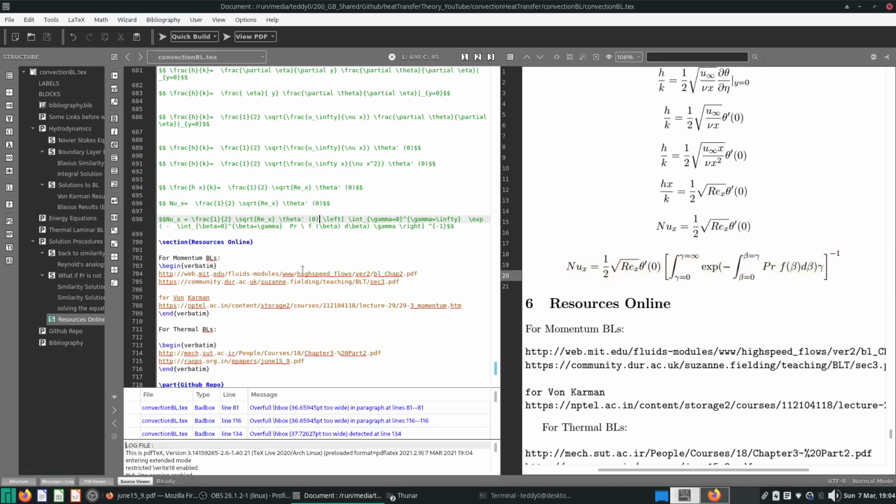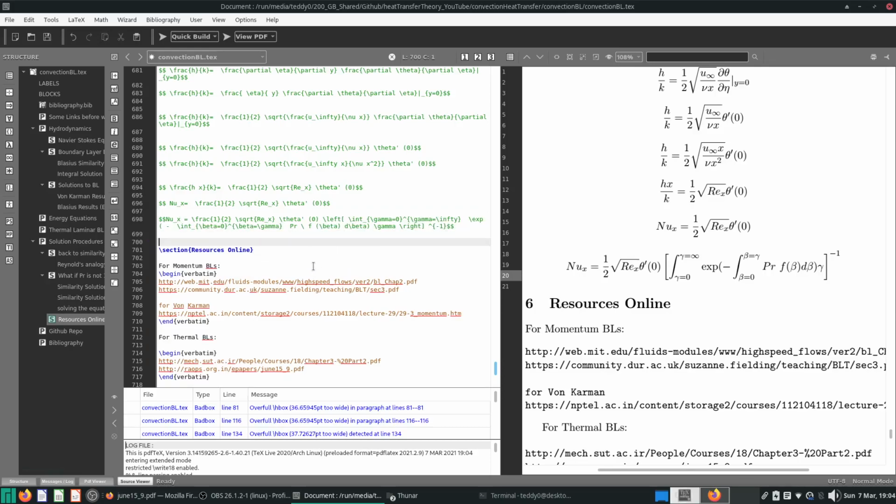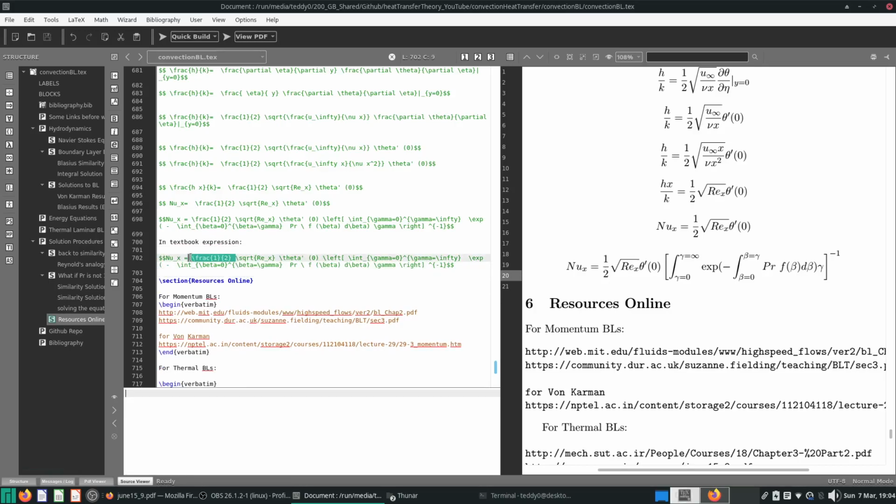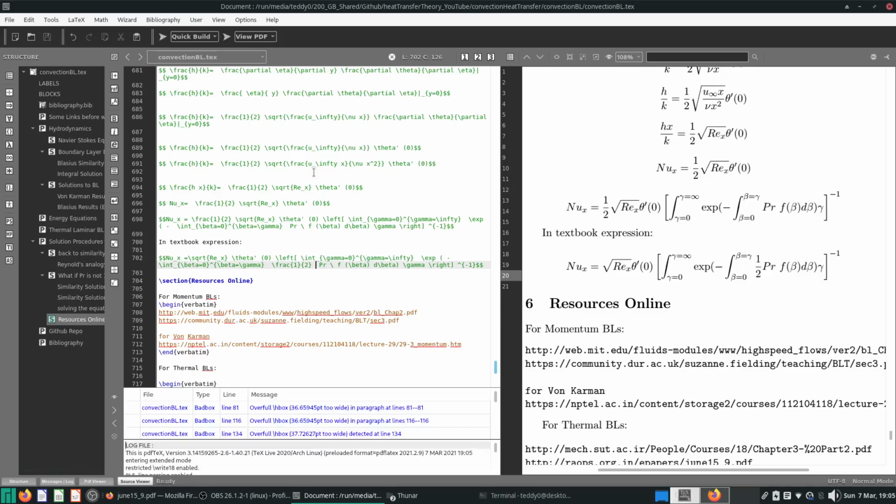If I bring the half in, it would look like the textbook expression. I'll bring the half in where the Prandtl number is, because no matter how you do it, it's the same expression at the end of the day, once you take out all these dimensional parameters.